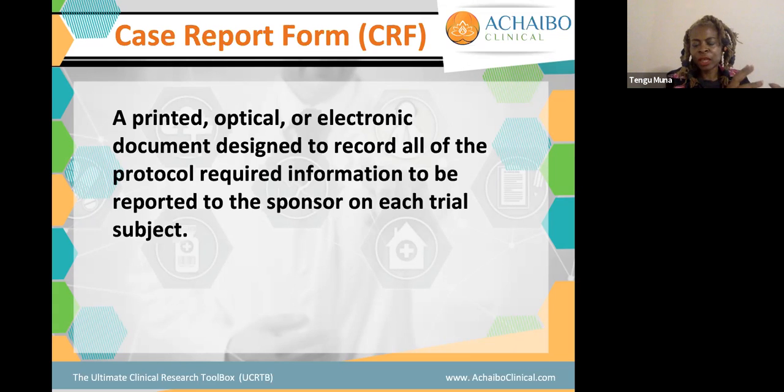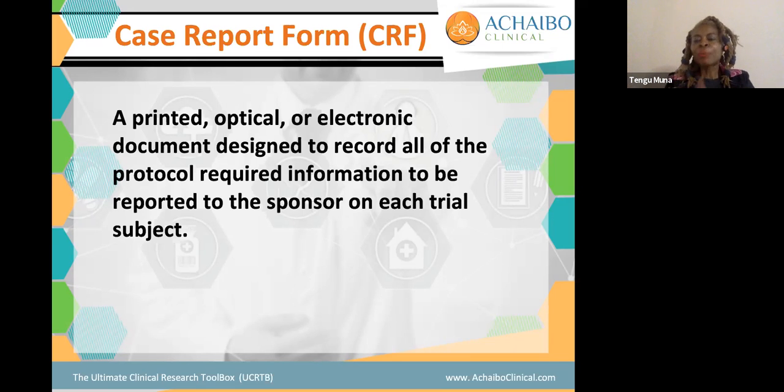If they have to take blood pressure, blood at specific times, or whenever the patient is getting their medication, or there are any other procedures that they have to conduct, they record it, and it's now recorded in the case report form. The case report form is what goes to the FDA. That's the basis of the data for the clinical trial.